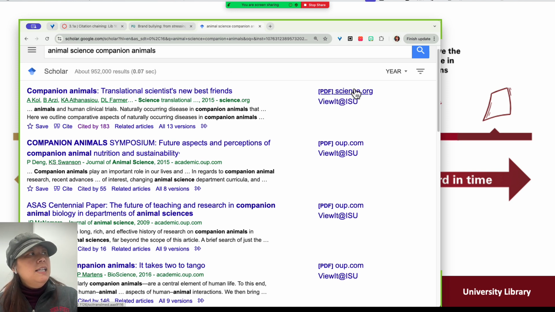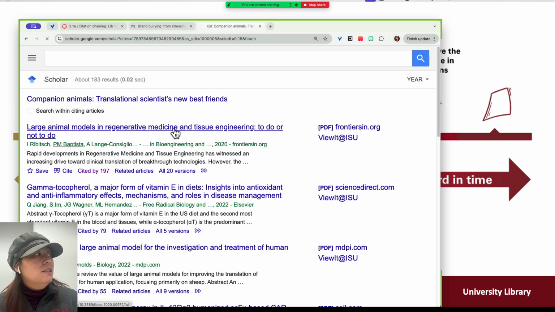If I pull up the PDF and go into its references, it's everything that was published before. It's what these guys used to form their argument. But cited by means that 183 articles were published after this one and used this one to cite it. So 2015, citation chaining forward by simply clicking the button.